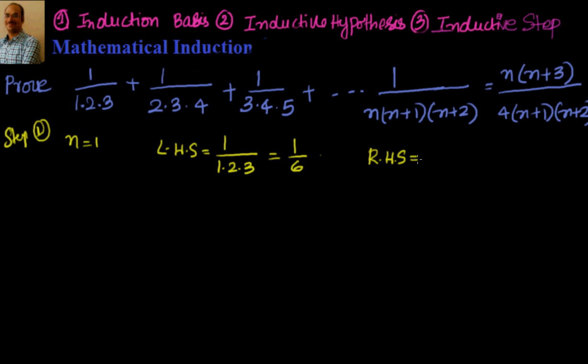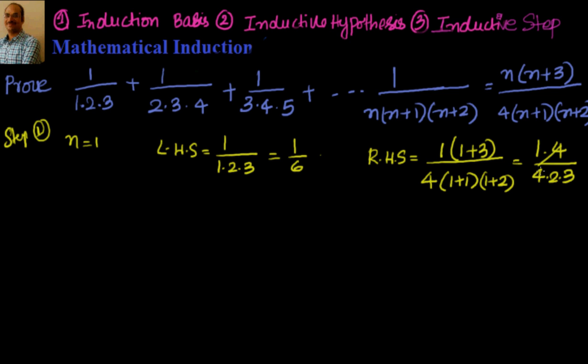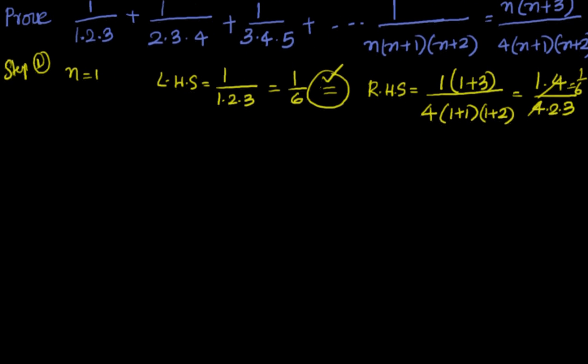RHS equal to n, that is 1, into 1 plus 3, that is 4, divided by 4, into 1 plus 1 into 1 plus 2, that's nothing but equal to 1 into 4 by 4 into 2 into 3. 4 cancels out, that's nothing but equal to 1 by 6. So LHS equal to RHS for n equal to 1.